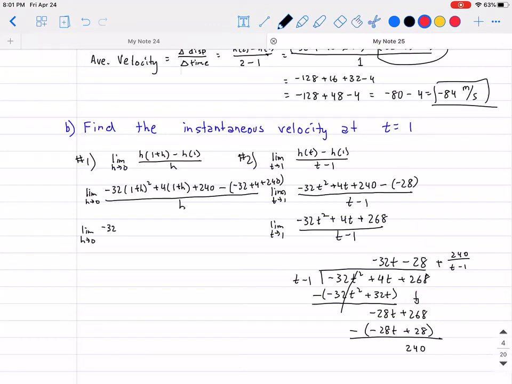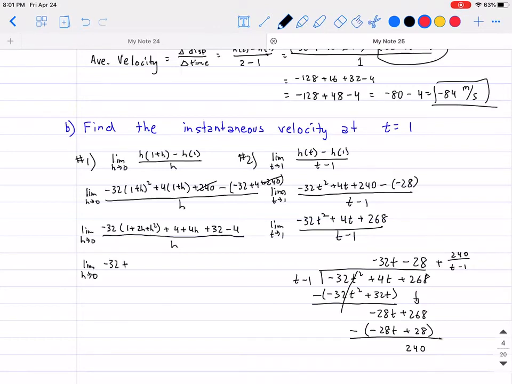Okay, let's go ahead and clean this up as much as we can. So 32 times 1 plus 2h plus h squared, and then plus 4 plus 4h. Looking at what we have right here, the 240s would cancel each other out. Then we have plus 32, and then minus 4, all divided by h.